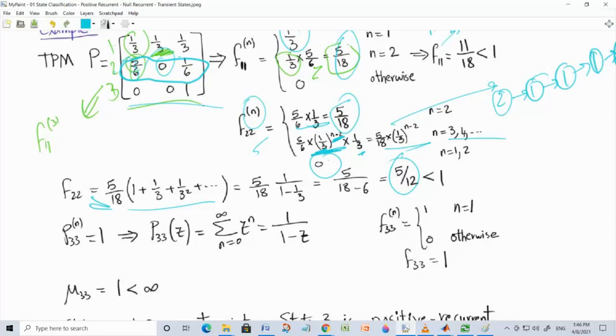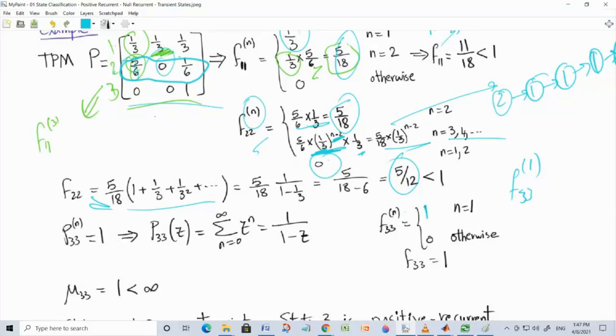Now, state 3. What is F33 of 1? If you start in 3, what is the probability of going back into 3 for the first time after 1 step?